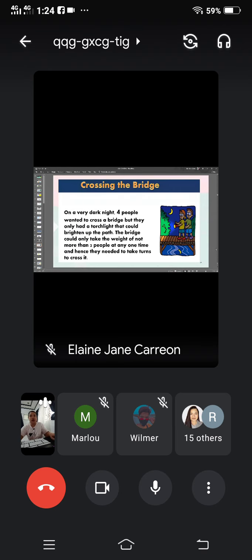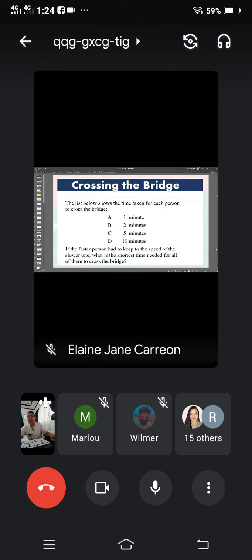Although we have representations here, person A has 1 minute, the speed of person B is 2 minutes, the speed of person C is 5 minutes, and the speed of person D is 10 minutes. How could they cross the bridge? Maybe one of them will escort the others, then come back again. Maybe that's it, right? Okay. So how many minutes would it take before they finish?